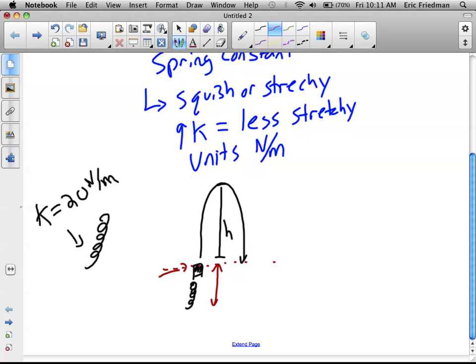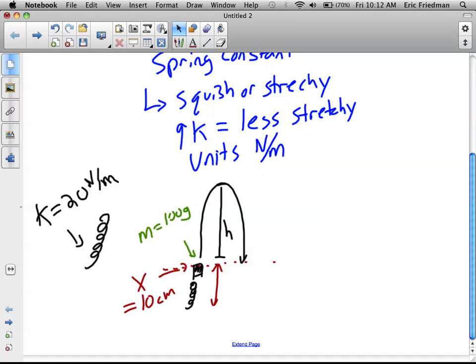Let's make that x value 10 centimeters. The other thing I need to know is the value of the mass. Let's say our mass is 100 grams. That's significantly heavier than your marble.